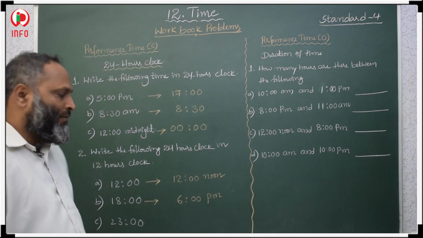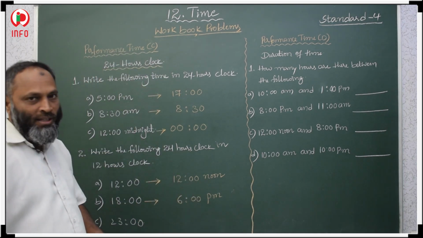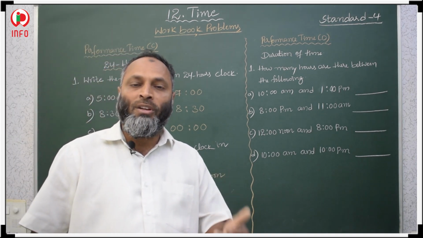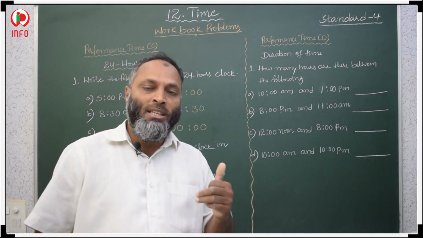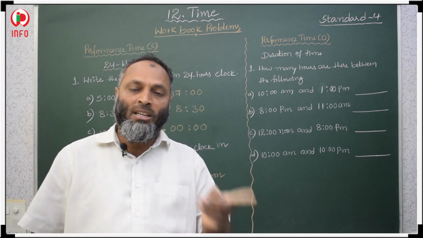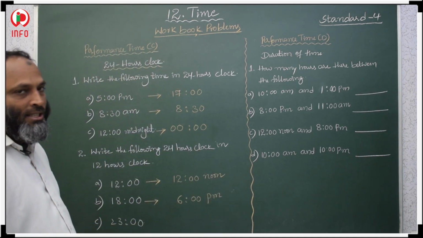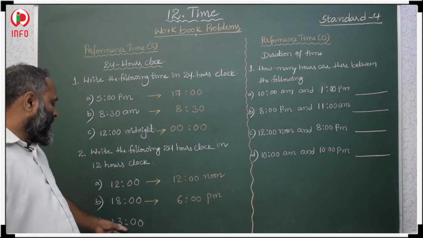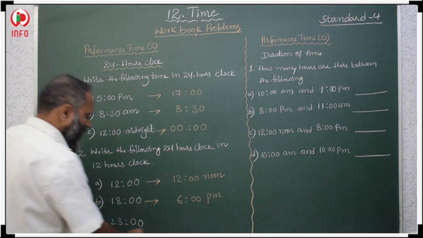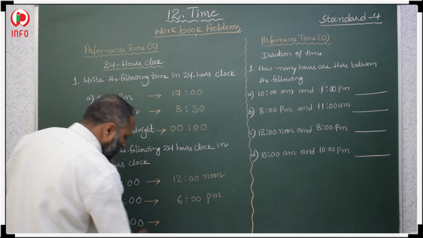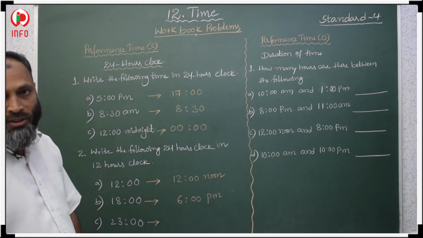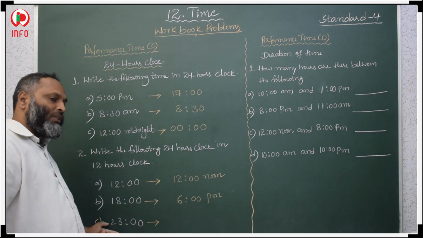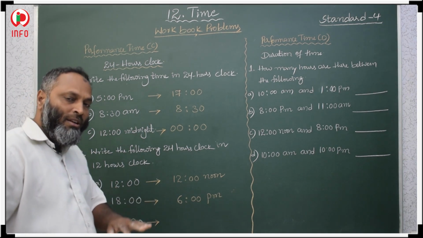If more than 12 is there in the hours, then you will get PM. More than 12 means 13, 14, 15, 16, 17, 18, 19, 20, 21, 22, 23. So like this, till 23 hours are given, you should write PM for that. Subtract 12 from that, and after that PM. Now 23: how to convert this 23 into the 12 hours clock?